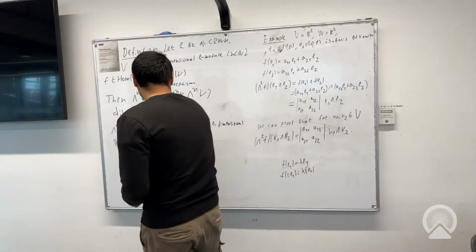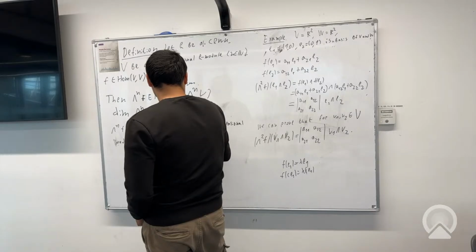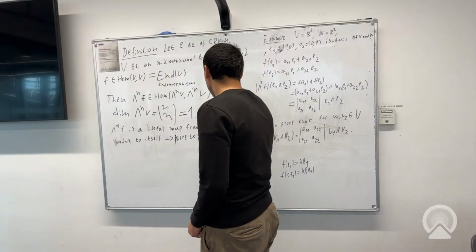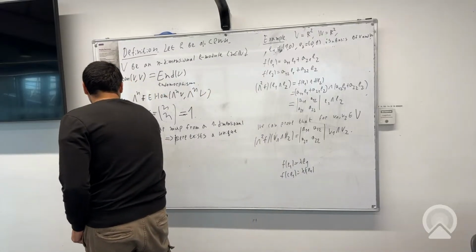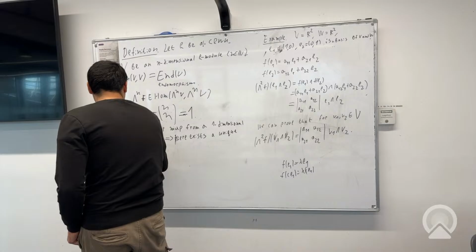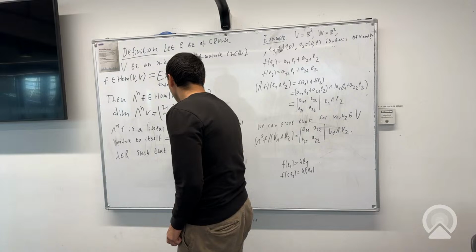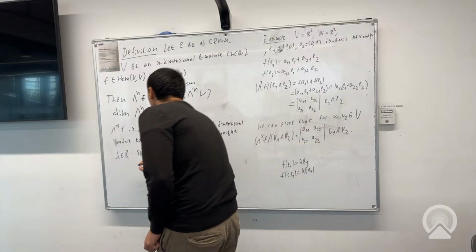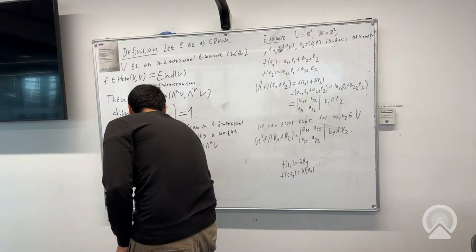Therefore, there exists a unique lambda in R such that for any alpha in lambda n V, lambda n F applied at alpha is lambda times alpha.